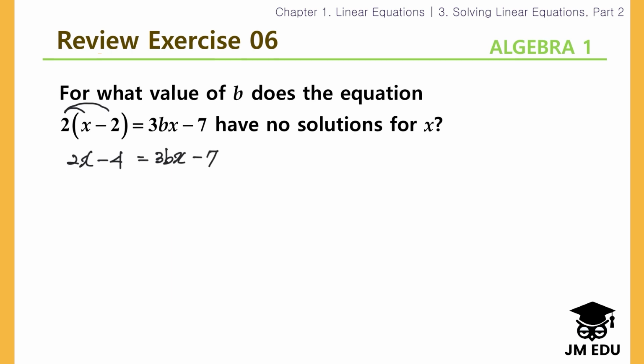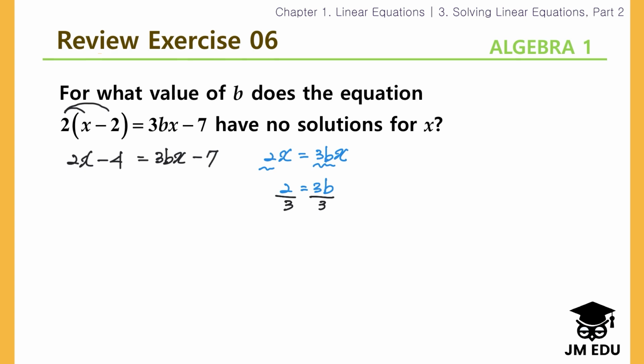So on the left hand side, we have x term 2x. On right hand side, we have 3bx. These two terms must be equal to each other, right? So 2x must be equal to 3bx, which means 3b has to be equal to 2, right? So 2 is equal to 3b, divided by 3.